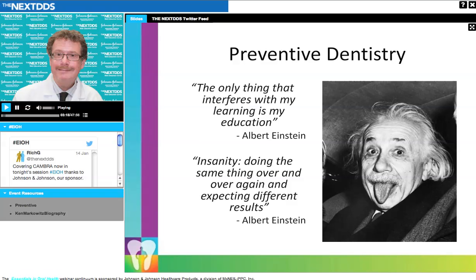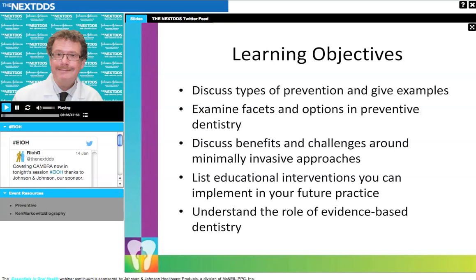There's plaque all over the teeth. There's new caries. Why isn't the excellent treatment you're doing having an impact? It's because there's something missing. There's more to dentistry than just the fixing things aspect.